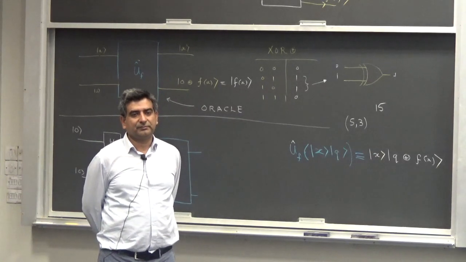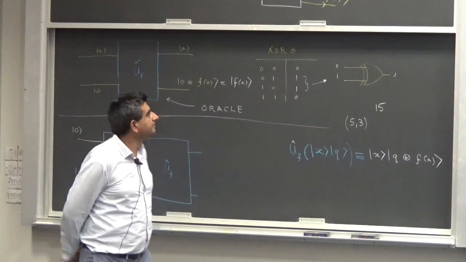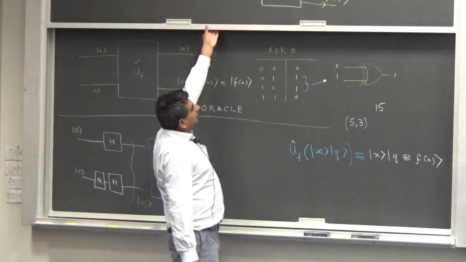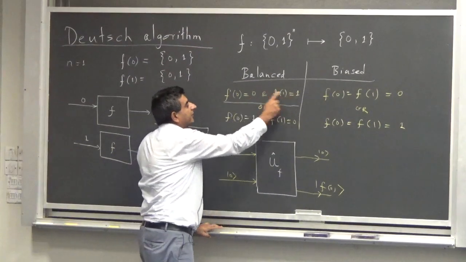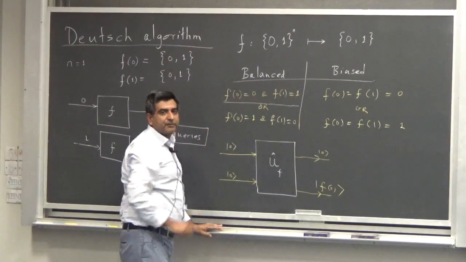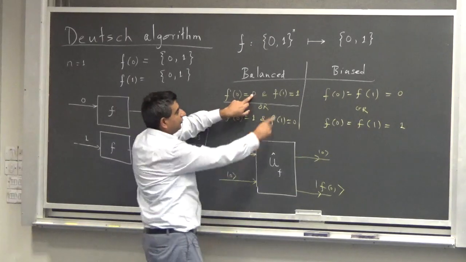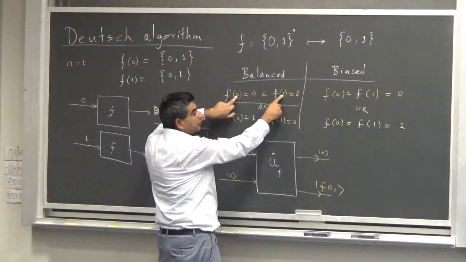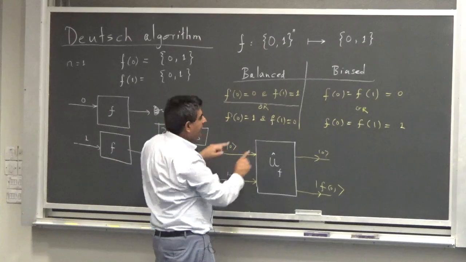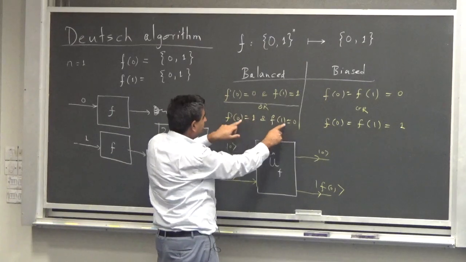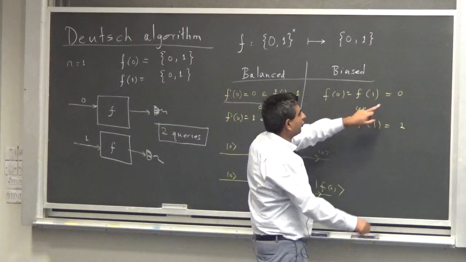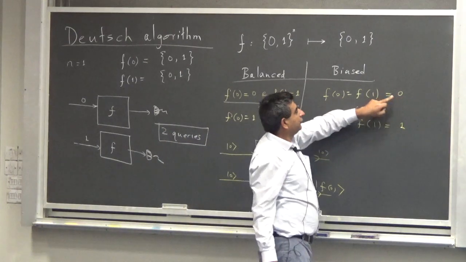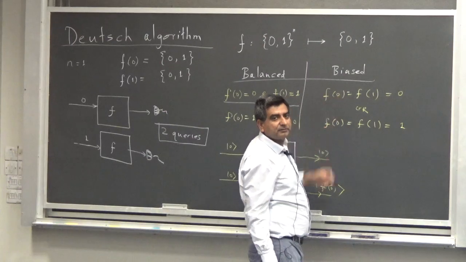A balanced function gives me 2 different outputs for 2 different inputs: 0 and 1, or 1 and 0, 2 distinct outputs for 2 distinct inputs. However, a biased or unbalanced function always gives the same output, no matter what the input is.